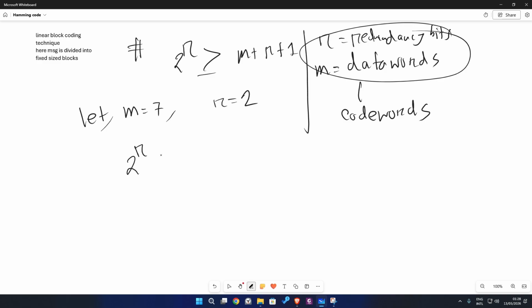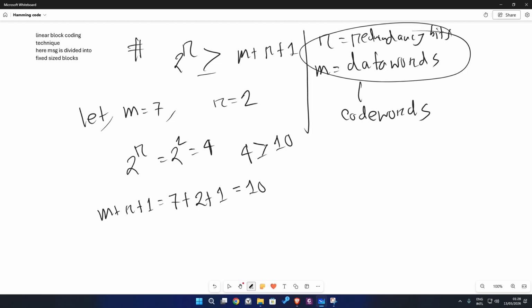So 2 to the power r equals 2 to the power 2, which is 4, and m plus r plus 1 is 7 plus 2 plus 1, which altogether results in 10. But the equation is not matching, that's why that is not reliable.